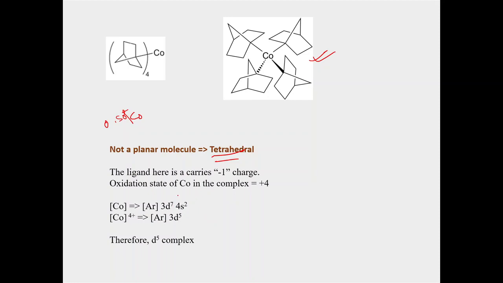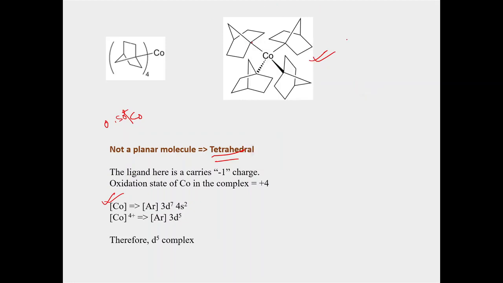Cobalt is a 3d7 4s2 complex, free cobalt. And in this case, see how you will find the oxidation state. This ligand is kind of new for us. This is not a very common ligand, right? But how we can find out what charge this ligand is carrying is, see only one carbon is attached to this cobalt, right?